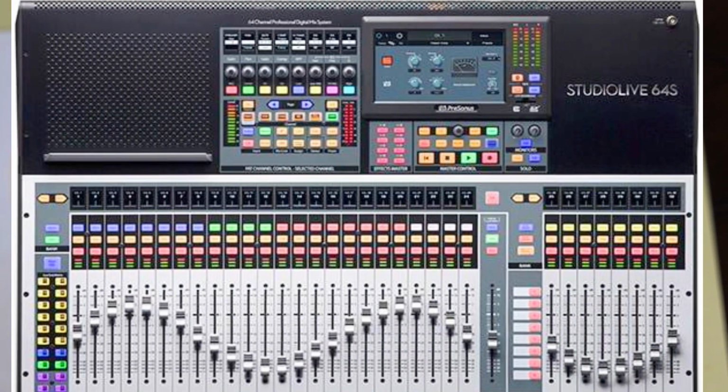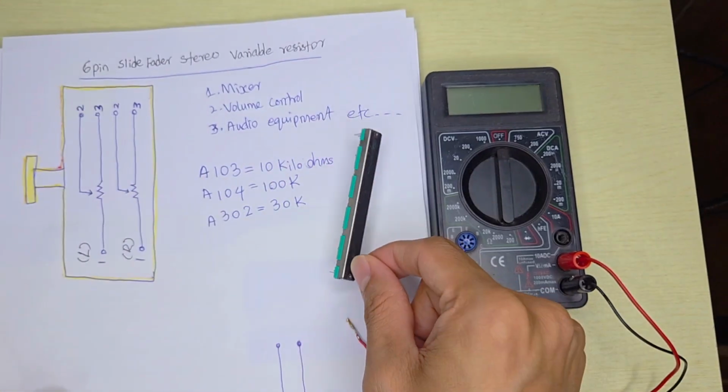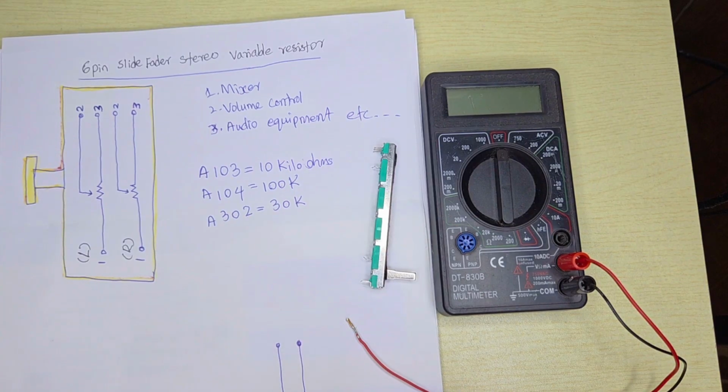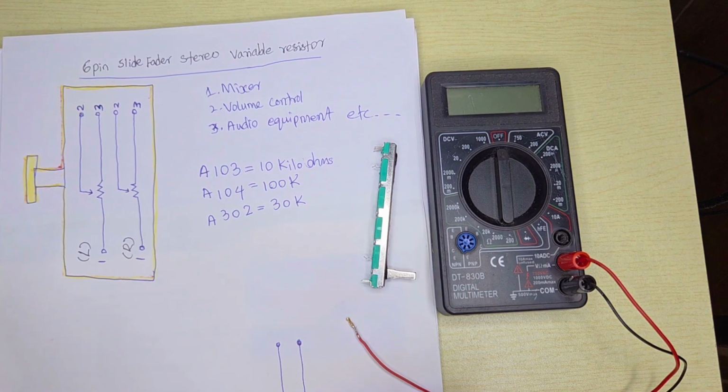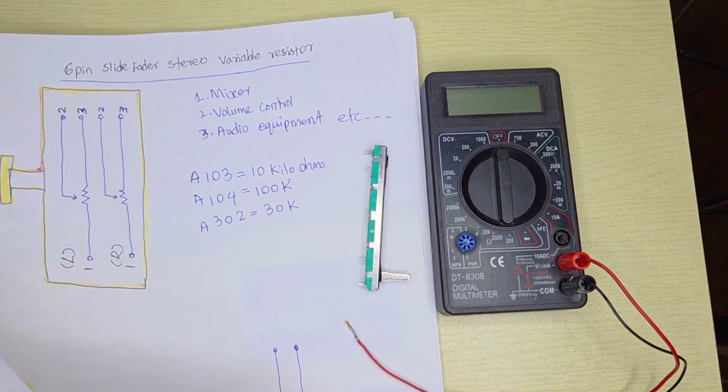Here are a lot of different shapes and types of variable resistor. There's round, square, small, long, and many types. But if you already understand what a variable resistor is, the concept is the same for all of them.